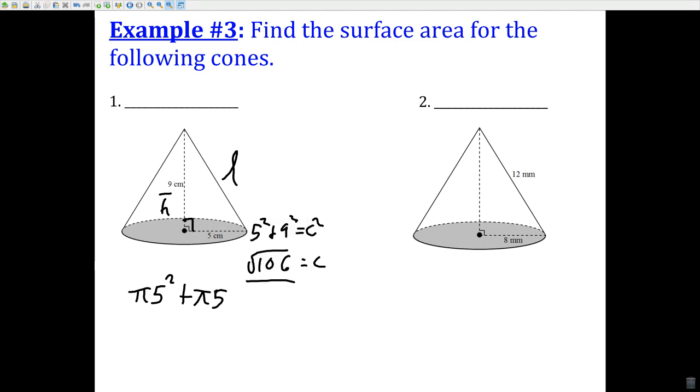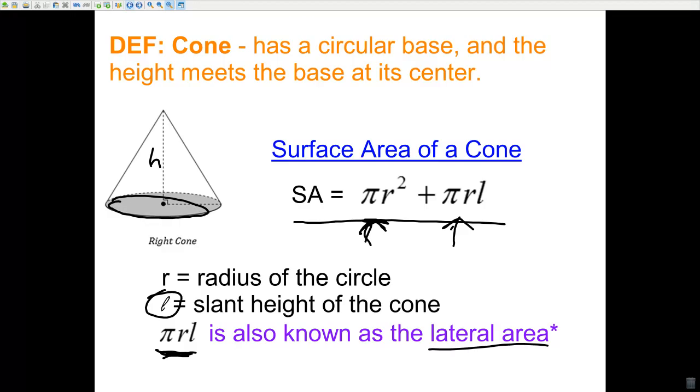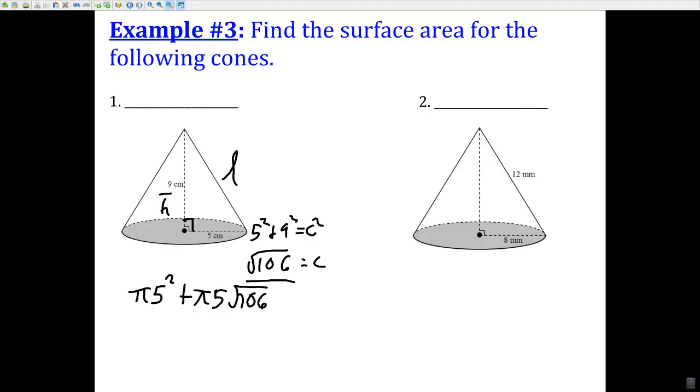Times the radius times the slant height, and we just found that was square root of 106. I hit everything? I think so. Yeah. Great. All right. So let's punch that in the calculator. Hopefully you got 204 point.